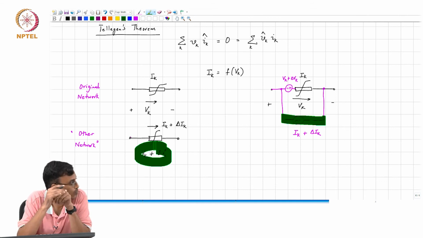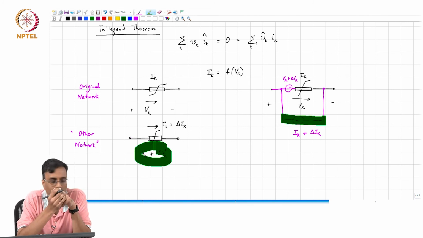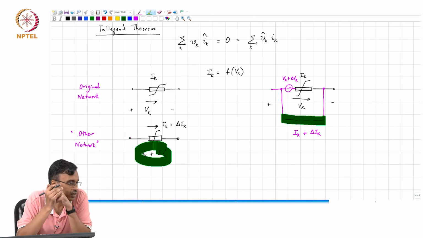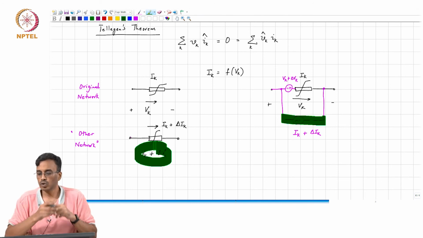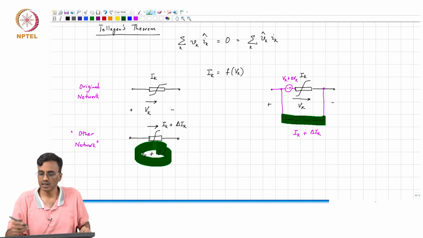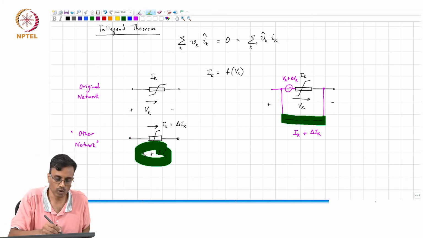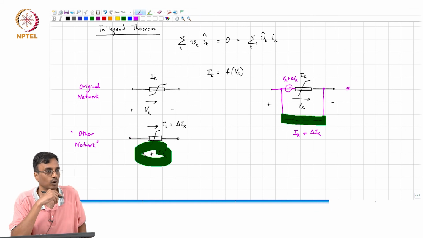They all satisfy KVL, and therefore the effect of adding all these is that it doesn't change the loop currents, right? So if the original network satisfies KCL and KVL, it's apparent that if I replace every branch by this composite branch, it must also satisfy KCL and KVL.